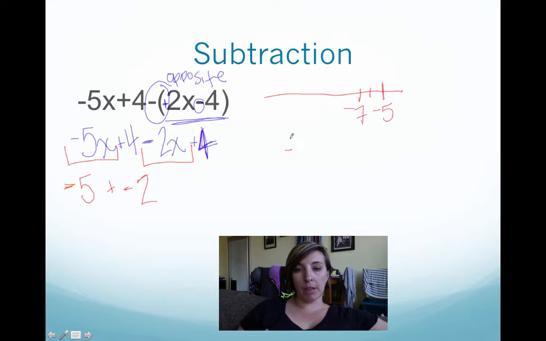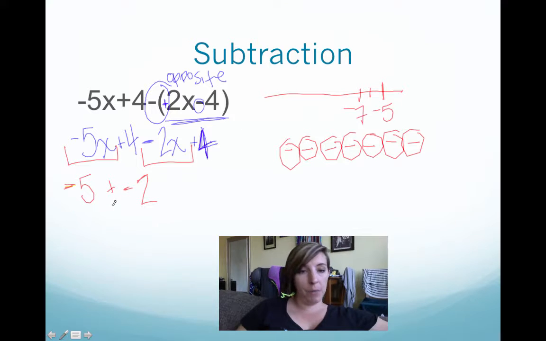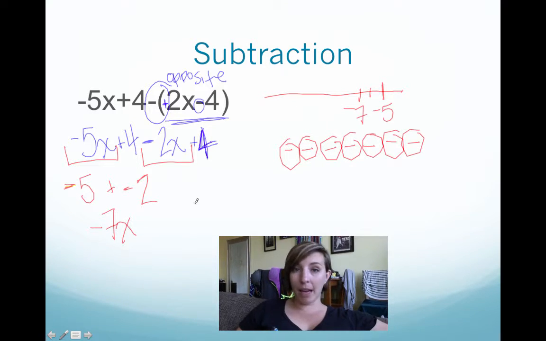You can also think of it like this. I have 5 negatives, and I'm going to add 2 more negatives onto there. How many negatives am I left with? I'm left with negative 7. So this becomes negative 7, and I can't forget that variable, x.